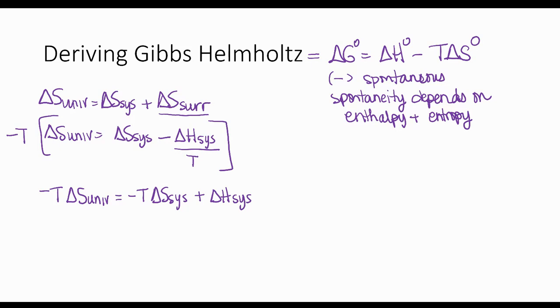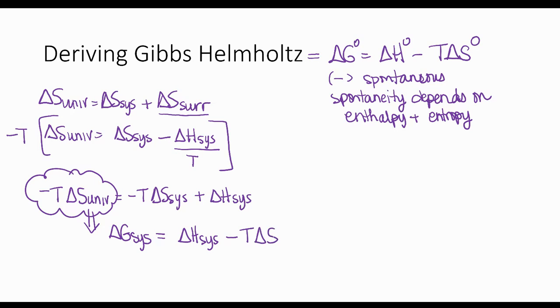And then notice what happened was they defined negative T delta S of the universe as our free energy change. And then we just switch it around to make delta H first, minus T delta S.